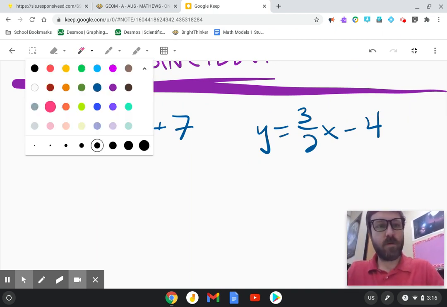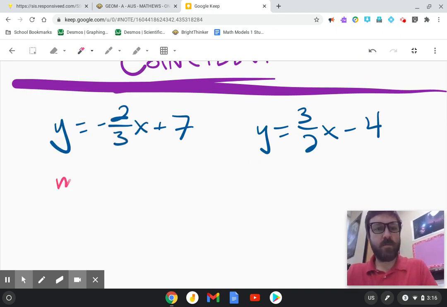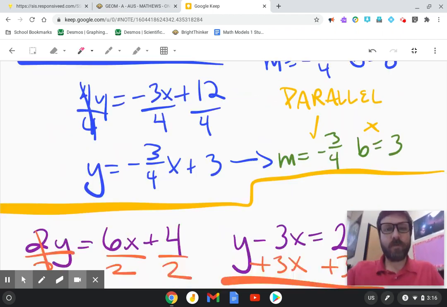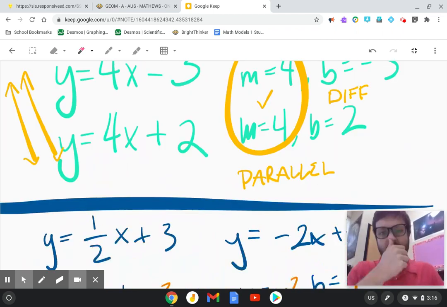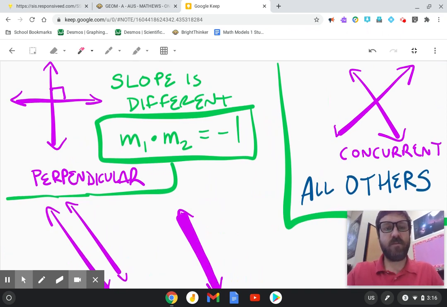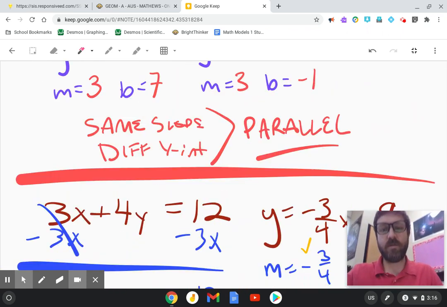Okay, so looking at this, I have an m of negative 2/3 and a b of 7. And over here I have an m of 3/2 and a b of negative 4. So the slopes are different. I run up here and I see that when the slopes are different, I need to test to see if they fall into the perpendicular category.